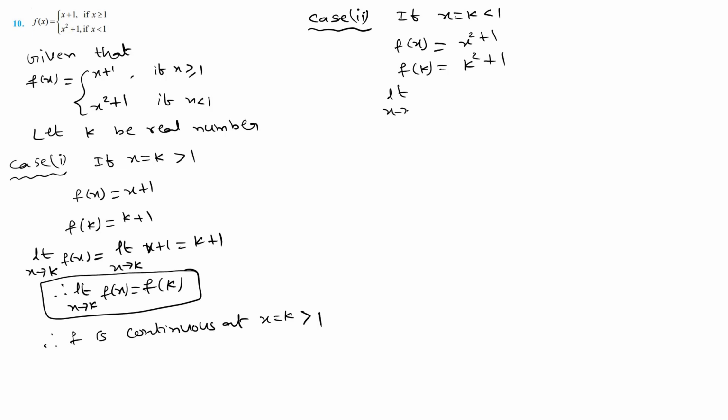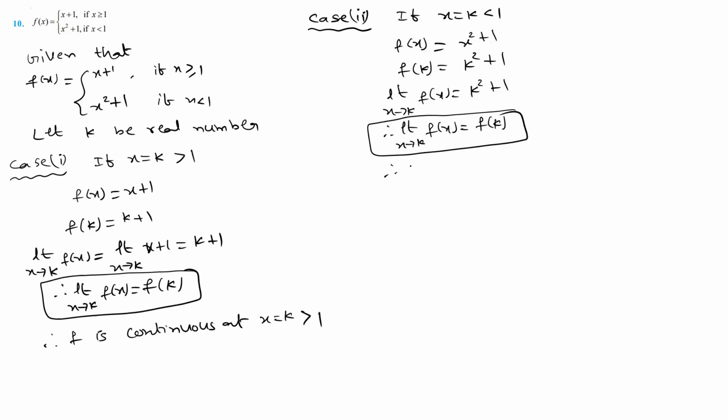Even limit x tends to k, f of x is equal to k square plus 1 only. Therefore, limit x tends to k, f of x is equal to f of k. Therefore, f is continuous at x equal to k, which is less than 1 here.